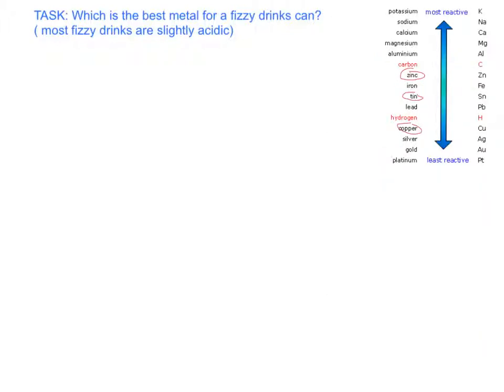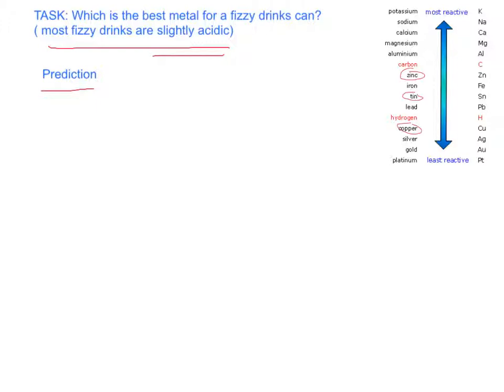So the experiment starts off by making a prediction about these 3 metals. The biggest clue about making your prediction was that you were told that most fizzy drinks are slightly acid or acidic.